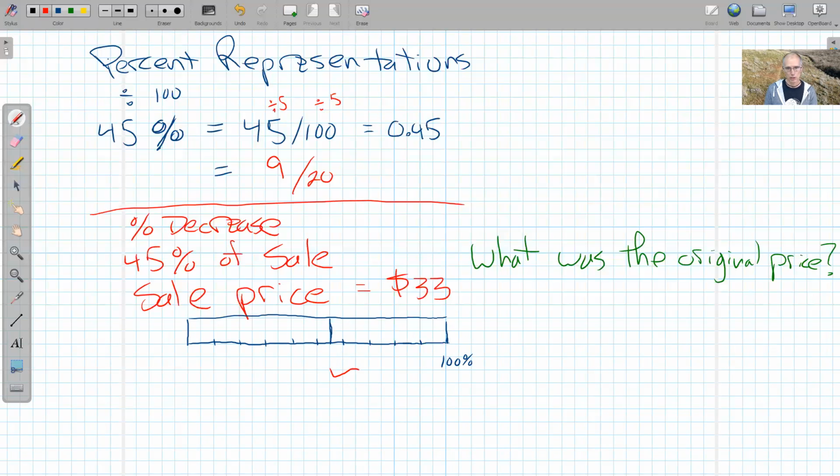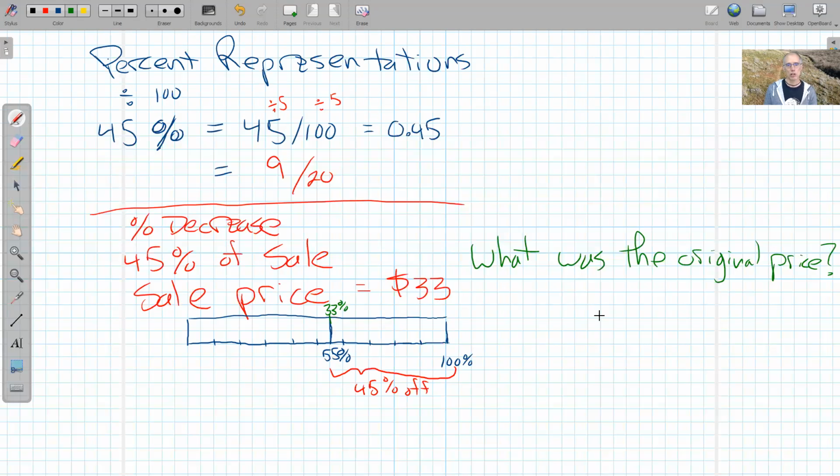So this right here represents my 45% off, which leaves me paying 55%. And that 55% I pay is the same thing as the $33. So I'm going to put that above. So this mark right here is 55% or $33.